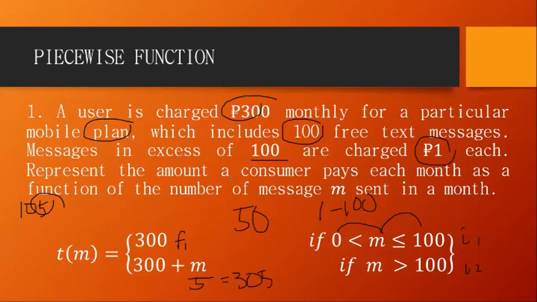So panibago na naman yun na function. Hindi mo na siya idediretso dito sa ating piecewise. So that's the main difference of having a mobile plan at kapag ikaw ay naglo-load regularly. And this is a very good example of piecewise function.